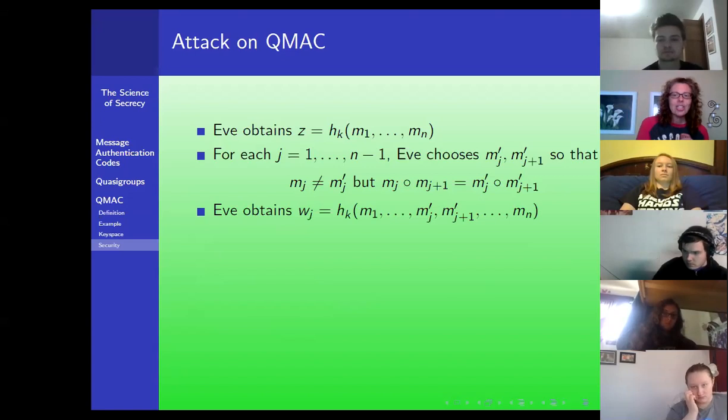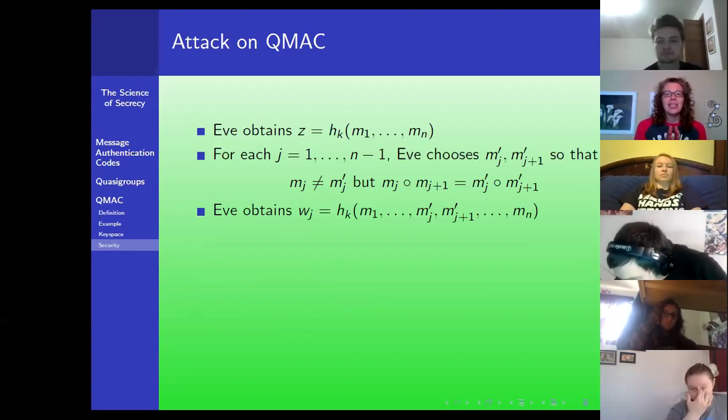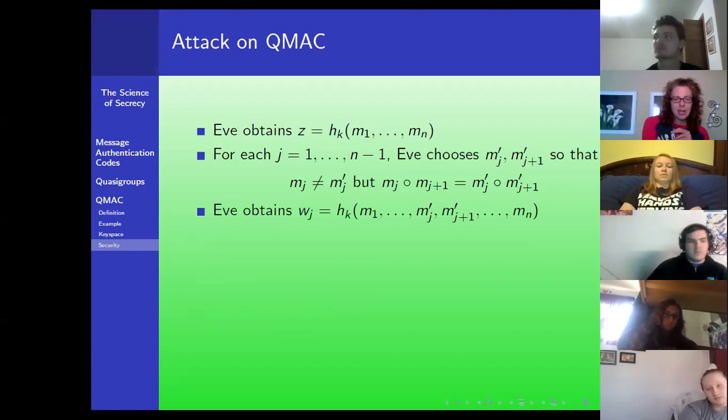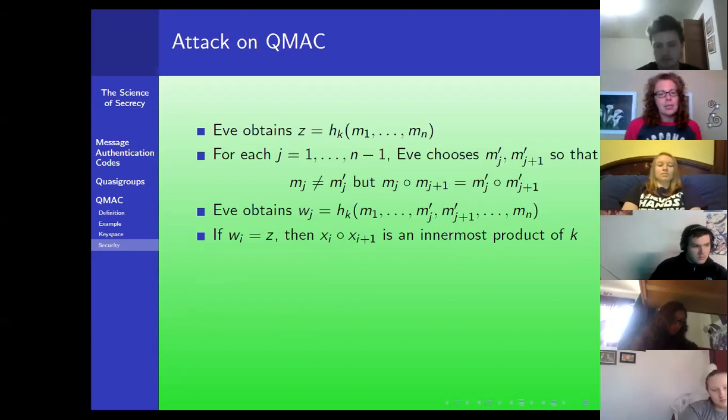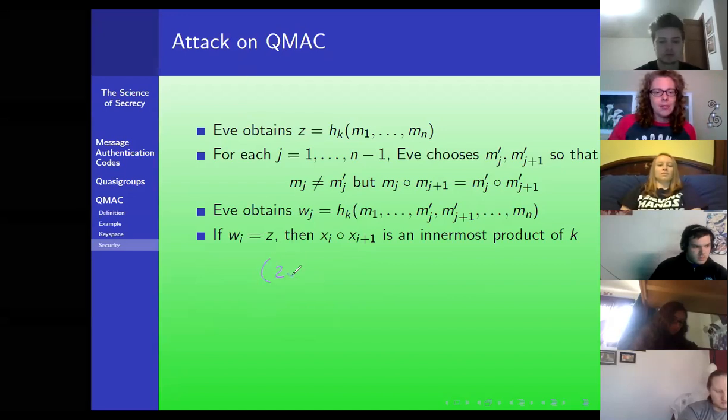And then she can find these innermost products. She's going to look for these innermost products that are the same if she gets another authentication tag that matches. Because what she's done is she said, okay, let's say, for example, I've got a message where I have 2 circle 5 as an innermost product. And then there's a whole bunch of other stuff going on here, but 2 circle 5 is an innermost product, and let's say that's equal to 3.